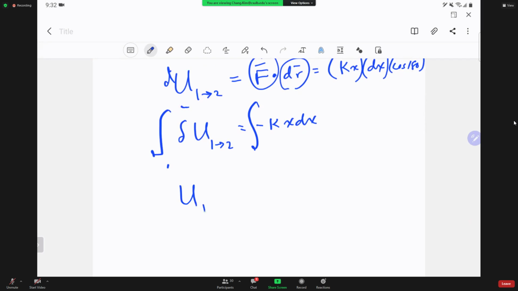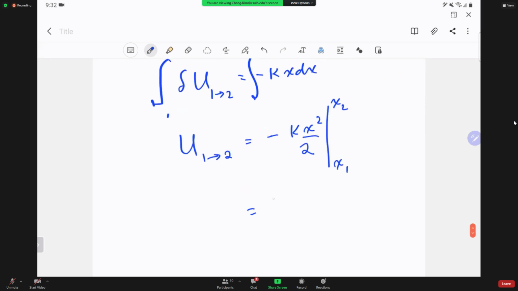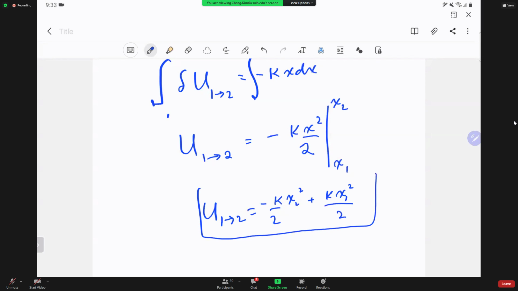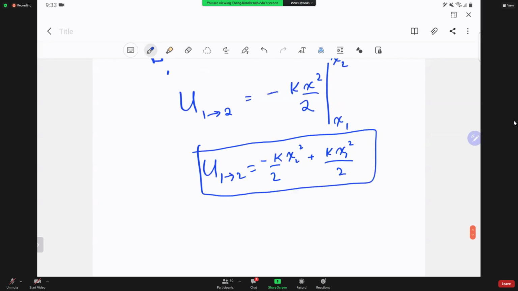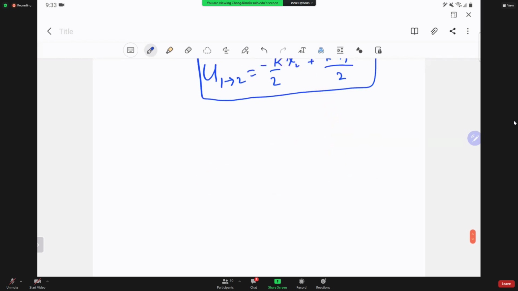So U1 to 2 is equal to minus kx squared divided by 2, evaluated at position 2 and position 1. And if you integrate them, it's going to be minus kx2 squared divided by 2 plus kx1 squared divided by 2. So this is the amount of the work done by the force on the spring.